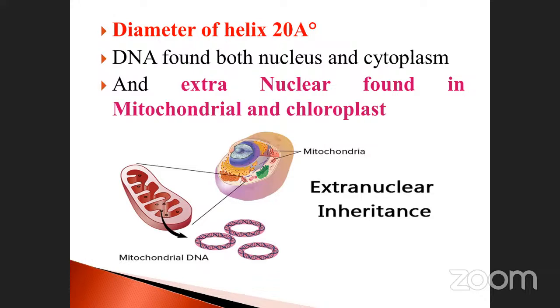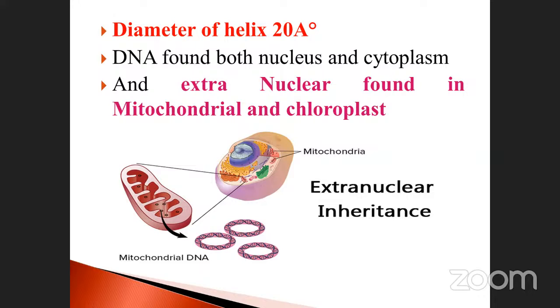See, this is the mitochondrial structure. This is the cross section. When you take the cross section, inside there is a nucleus. This is the cell structure. The mitochondria is isolated here. Inside the mitochondria, there is a circular DNA present. This DNA is called mitochondrial DNA. This condition is called extranuclear inheritance.